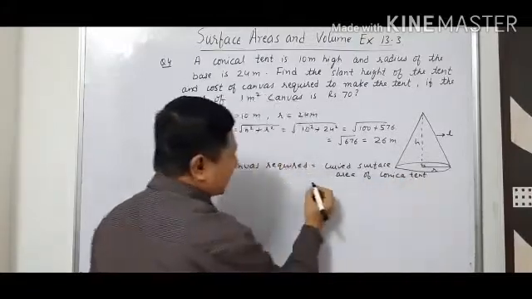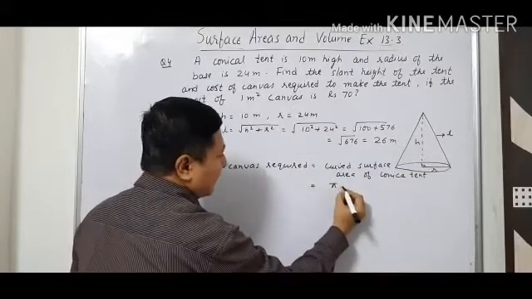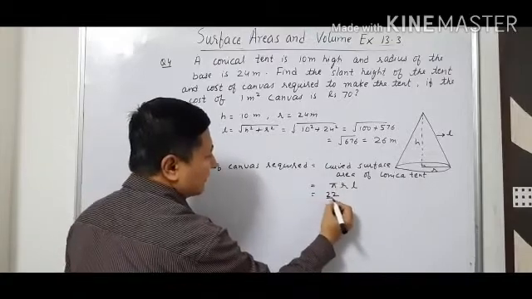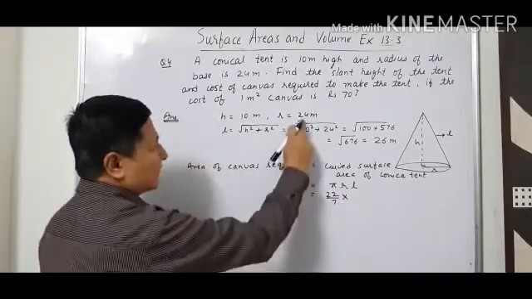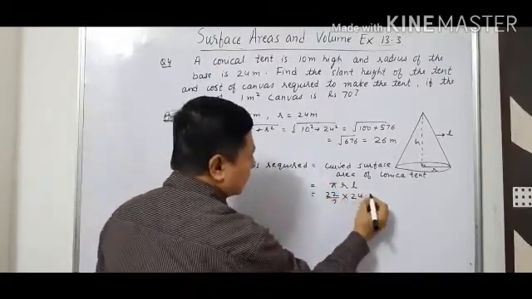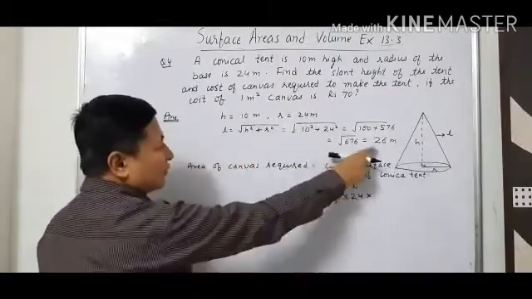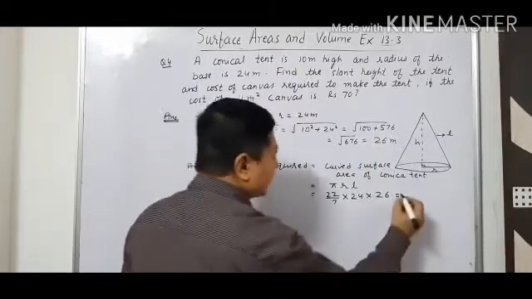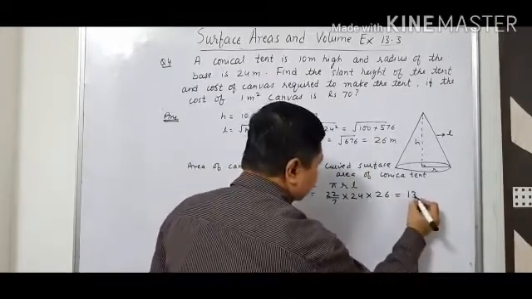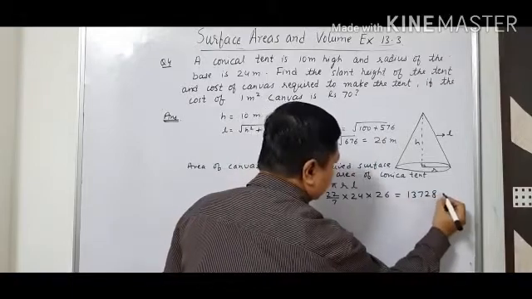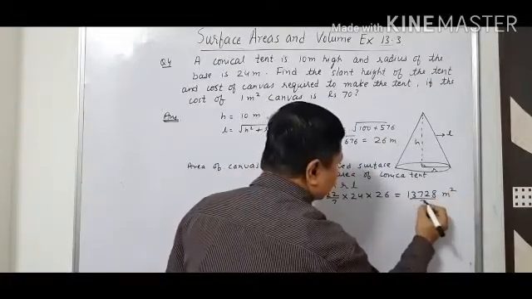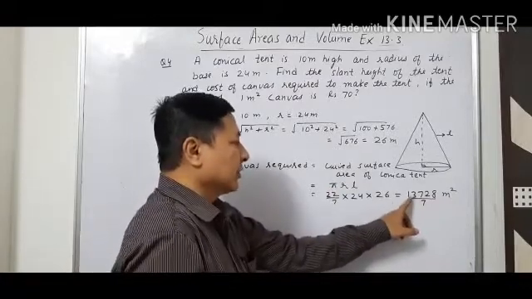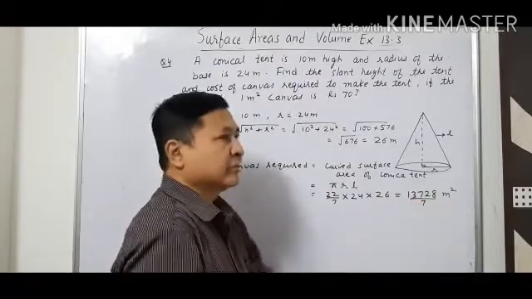And the curved surface area, we know the formula, is given by pi r L. Pi is 22 upon 7 into r, that is 24, into L. L we have calculated, 26. When we solve this, we'll get the answer 13,728 upon 7 meters square. That is, we require 13,728 upon 7 meters square.